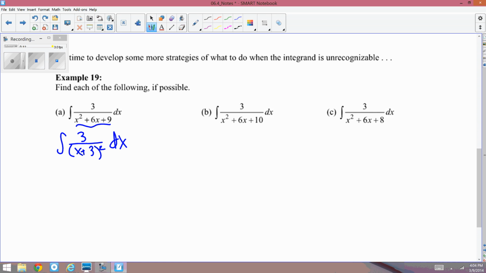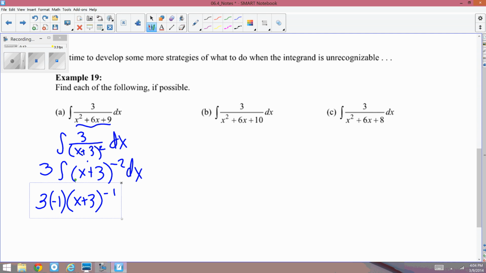And then if you recognize that, pull that 3 out to the front. This is the same as x plus 3 to the negative 2. And so we just use the power rule. Add 1 to the power, divide by the new power, plus c. And so if you want to rewrite that, negative 3 over x plus 3 plus c.